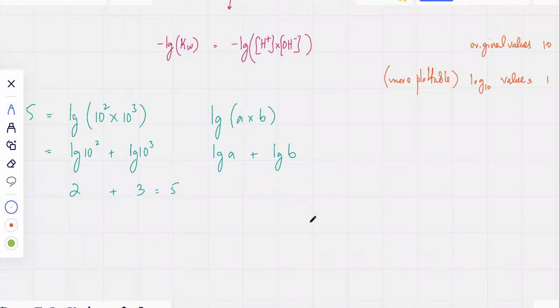So the same expression: what was KW? KW was 1 times 10 power minus 14, right? Expressing it in the powers of 10, it's minus 14.